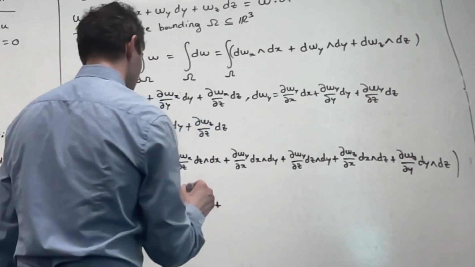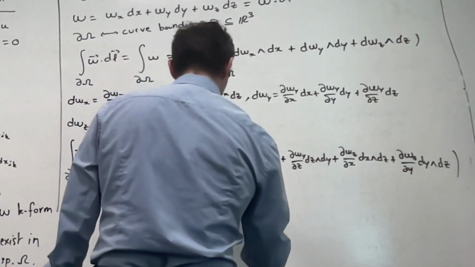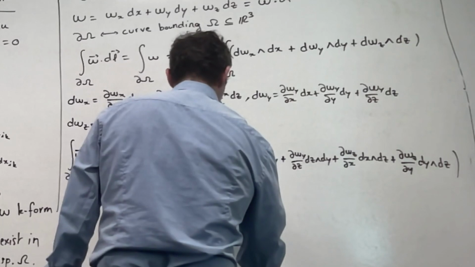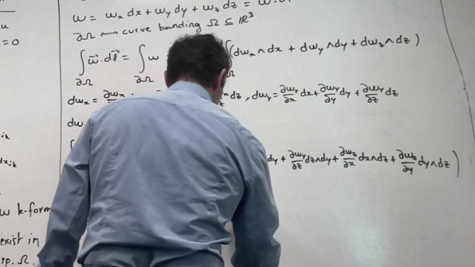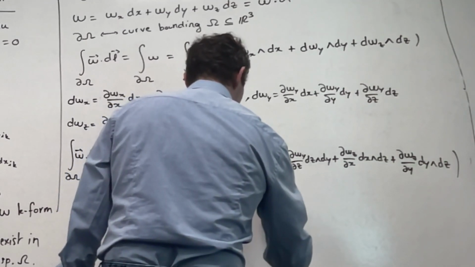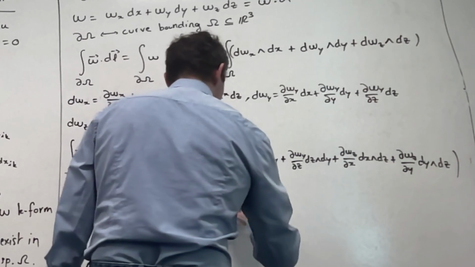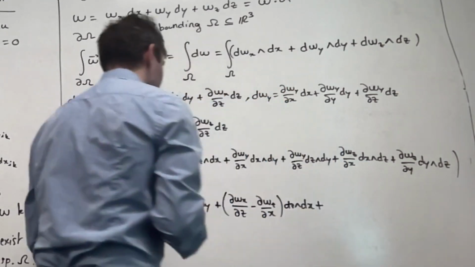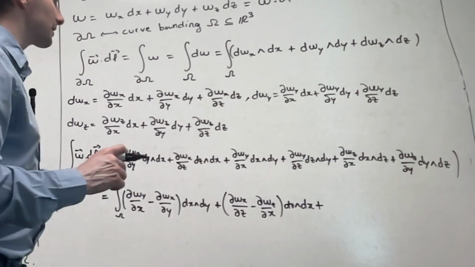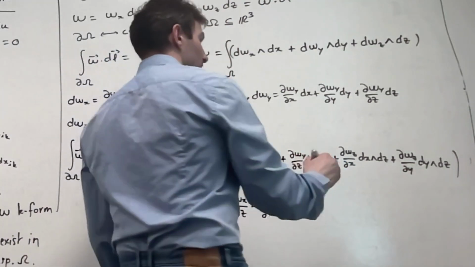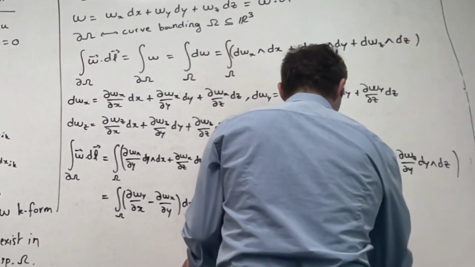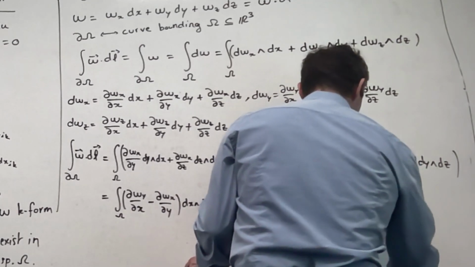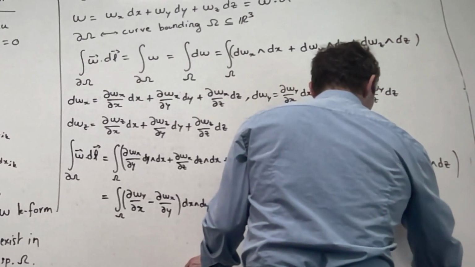So I've got ∂ωx/∂z minus ∂ωz/∂x, and then here that's dz wedge dx, and then we get plus, and the final one is dy dz, so plus ∂ωz/∂y minus ∂ωy/∂z, and that's dy wedge dz.